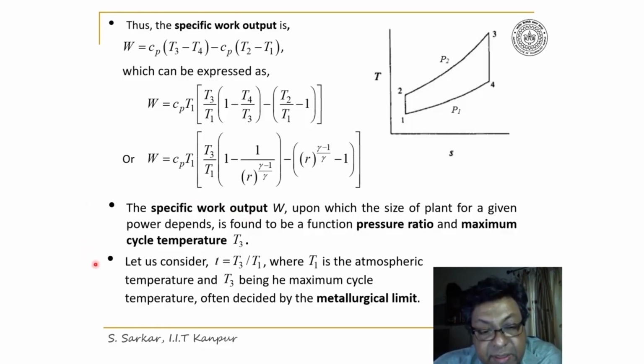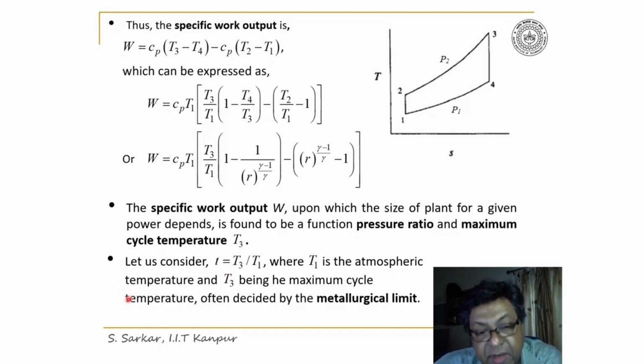Now let us consider here a variable small t. Small t is equal to T3 by T1, where T3 being the maximum cycle temperature, which is often decided or dictated, you can say, by the metallurgical limit, and T1 is the atmospheric temperature.